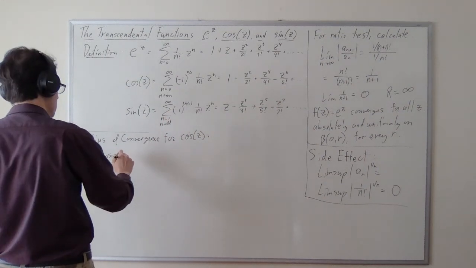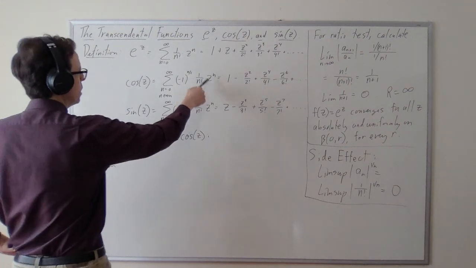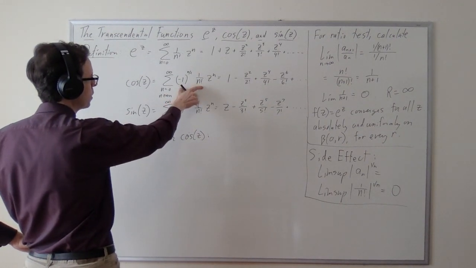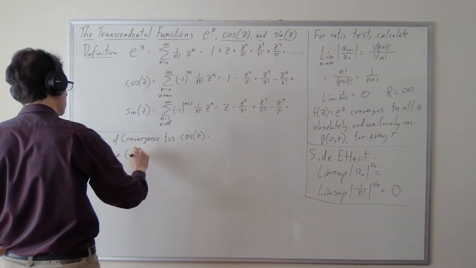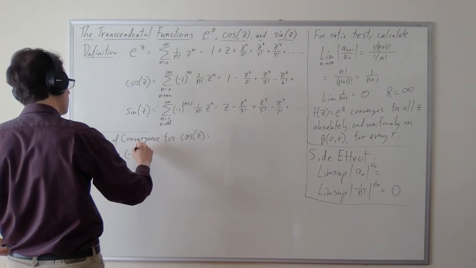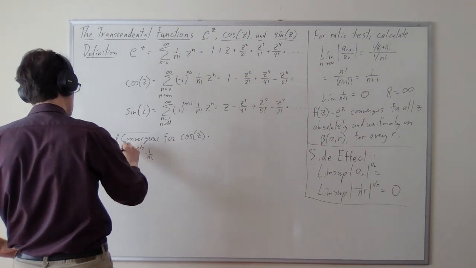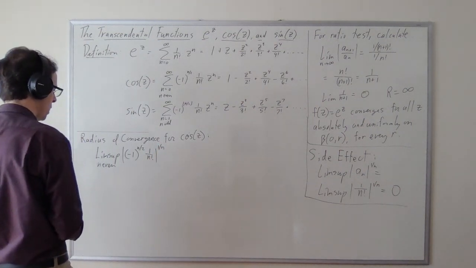So that's the lim sup of, let's see, well, this thing, right? This is the formula for the nth coefficient, so that's (-1)^(n/2) times 1 over n factorial, and then take the modulus of that and raise it to the 1 over n.